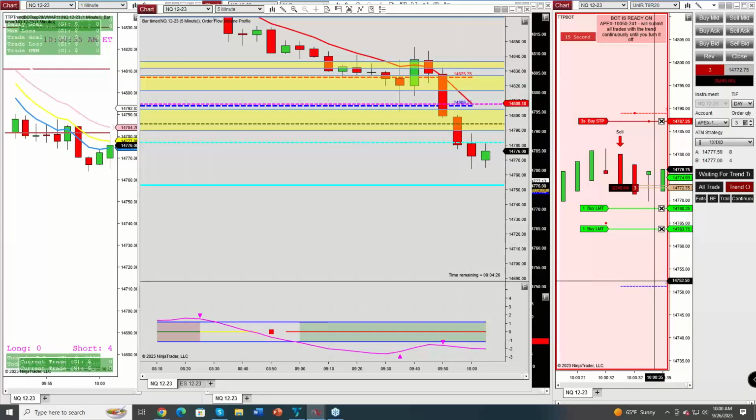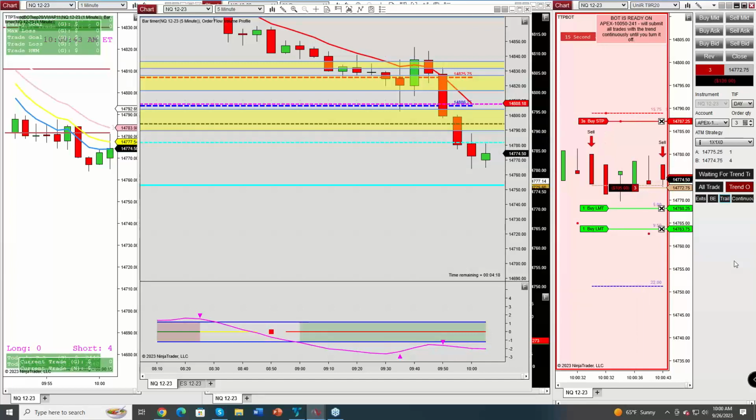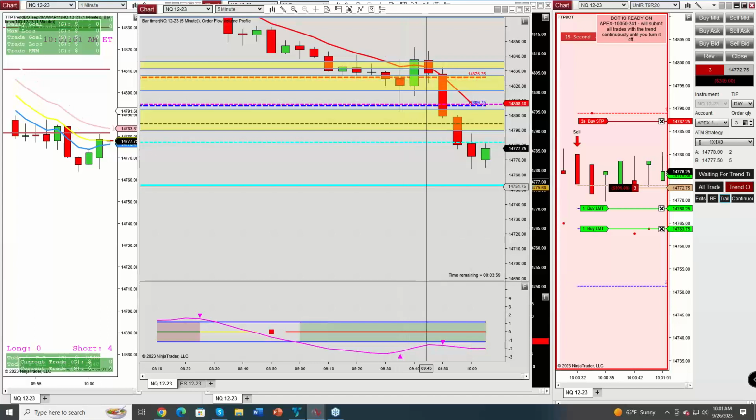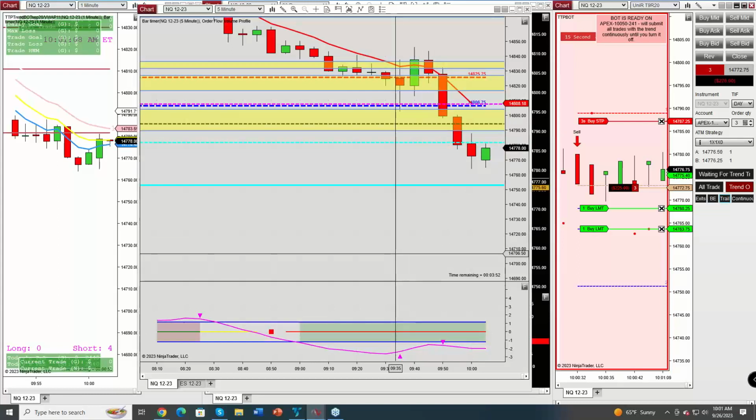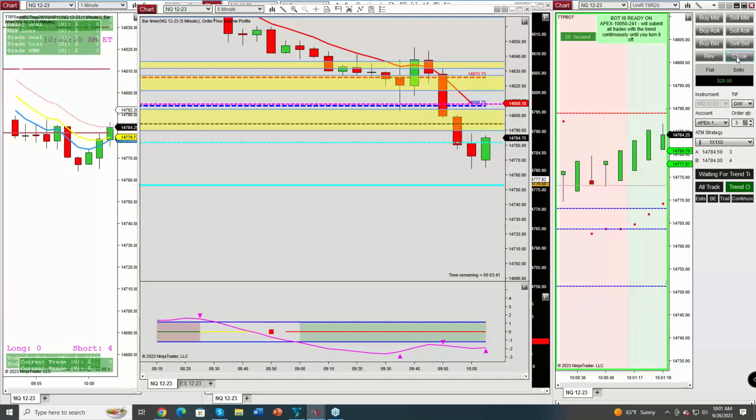Bot short. Just chunking around. Small buyers in here. All right, we're fighting yesterday's low at 82 quarter. $400 buyers in here.